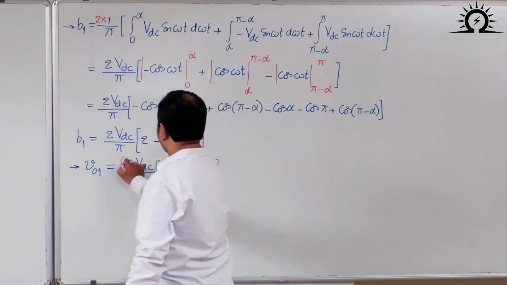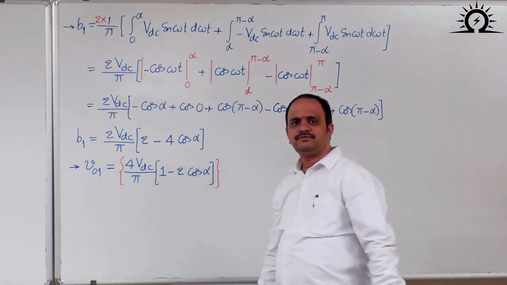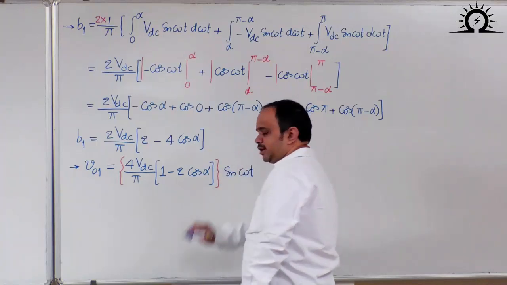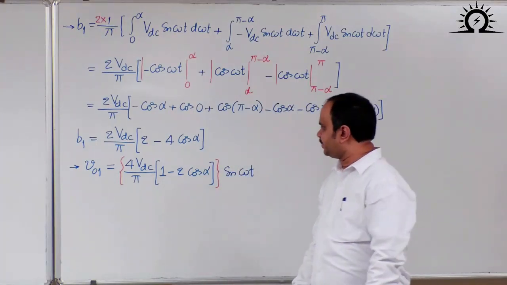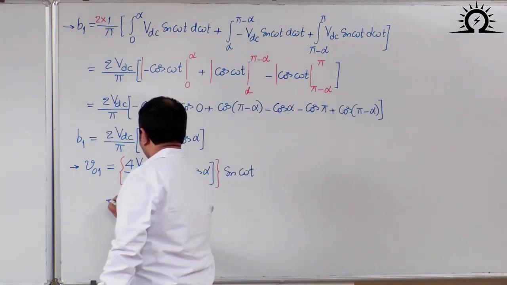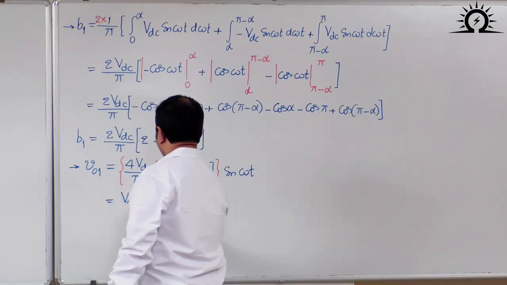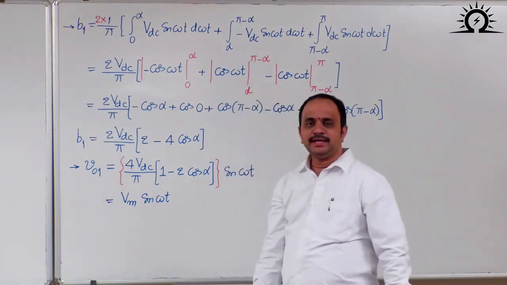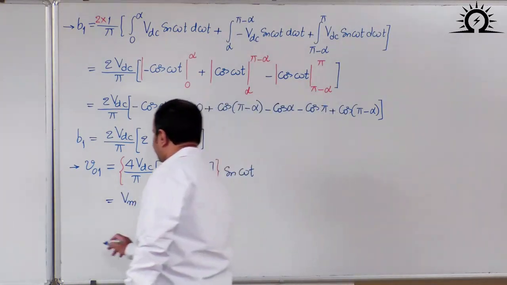This is the peak value of the fundamental component multiplied with sin omega t. For example, if I compare this with Vm sin omega t, what is the RMS value for this expression?